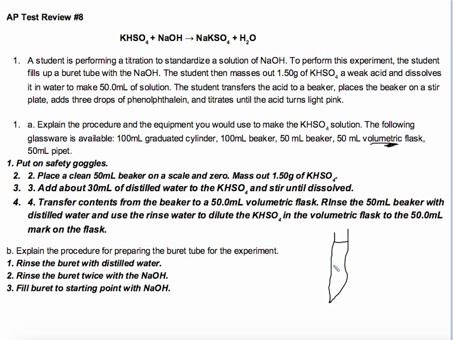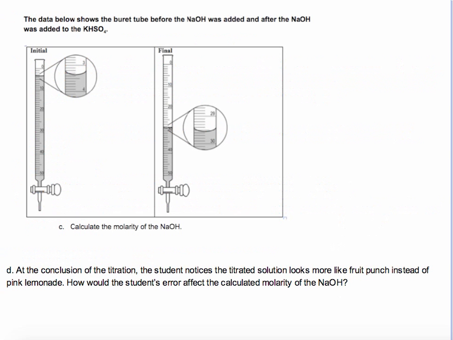Well, the bottom of the burette tube keeps water in it, and when you add the NaOH up at the top, they don't mix, and then you start titrating. The first few drops you're adding are this water and not the NaOH or whatever you're putting in there. So it's always good to rinse it out twice with whatever you're going to titrate with.